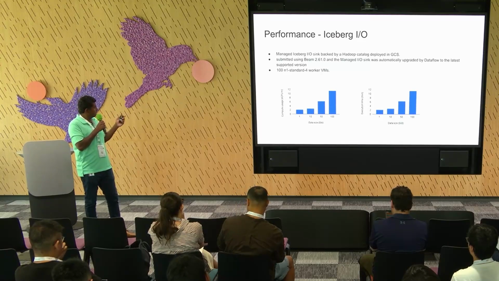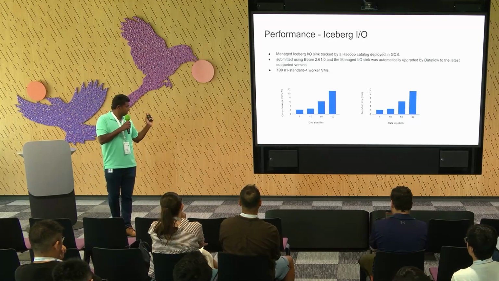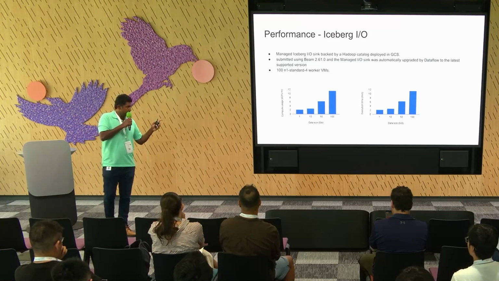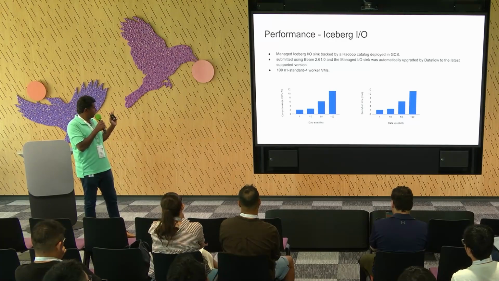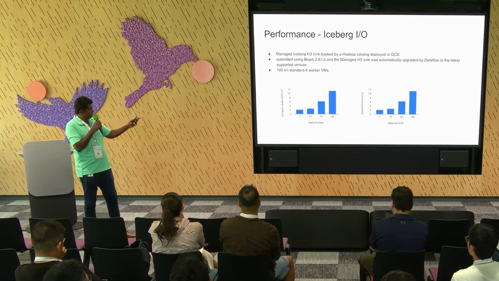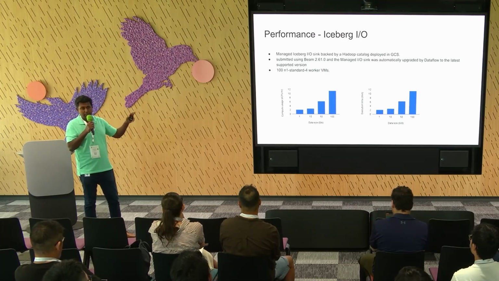This was run using 100 N1 standard 4 VMs, and the data size went from 1 gig to 100 gigs. We looked at the total compute usage as well as the total end-to-end execution time of the pipeline, and we noticed that it's pretty linear with the data size, which is what we wanted to see.